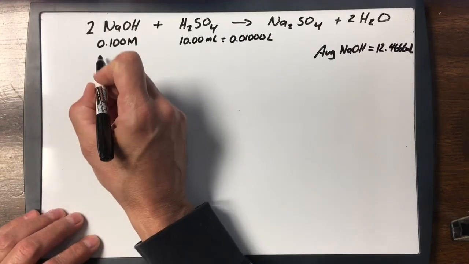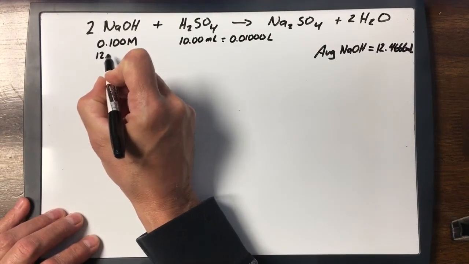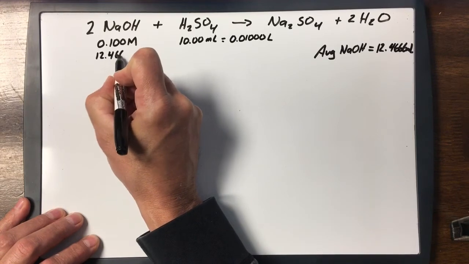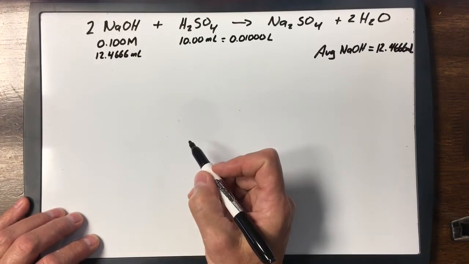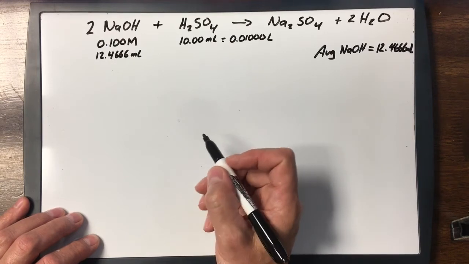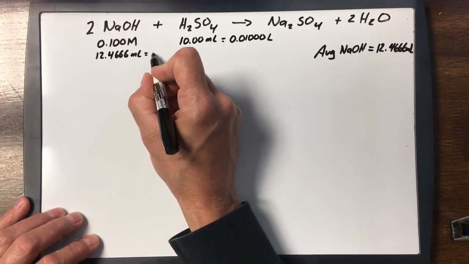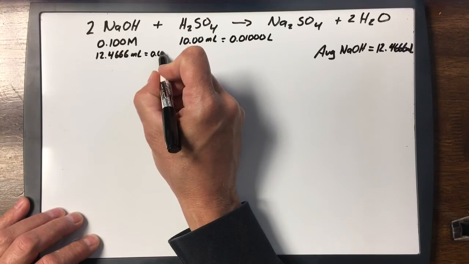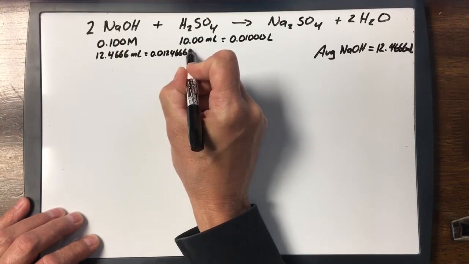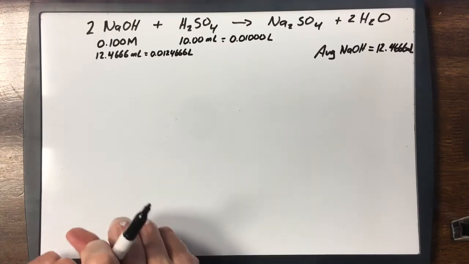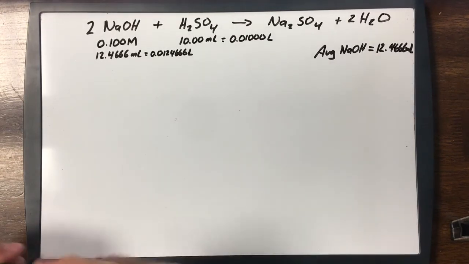So the average volume that is necessary to neutralize the sulfuric acid is 12.4666 milliliters, which once again I'm going to convert into 0.0124666 liters of sodium hydroxide.